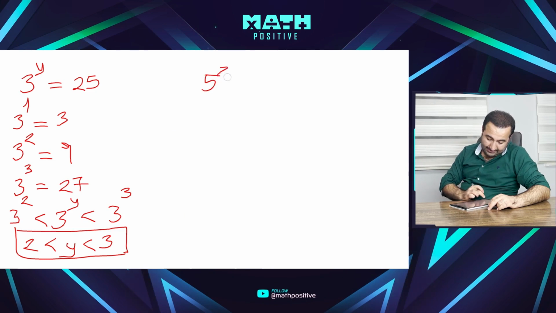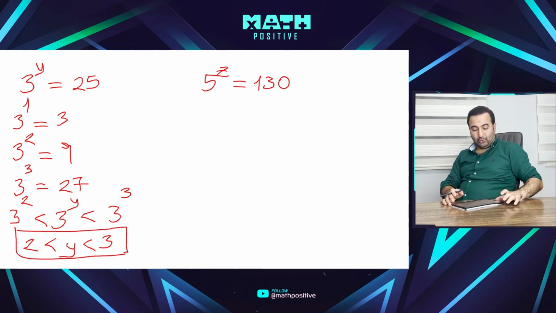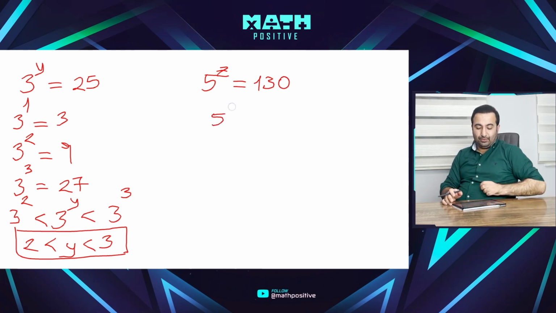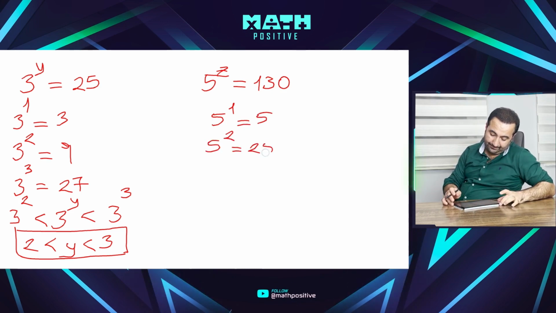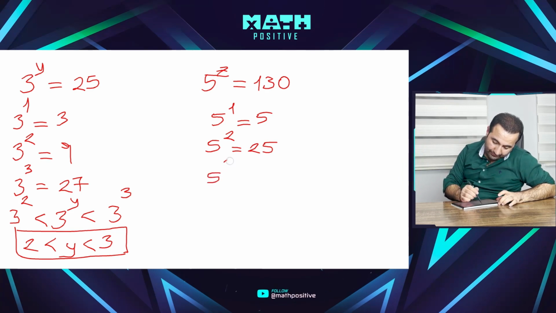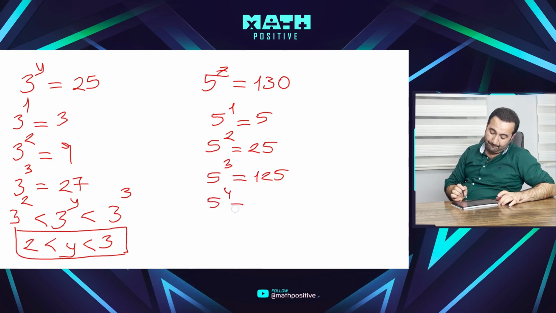And lastly, we will be doing 5 to the power z equals 130.